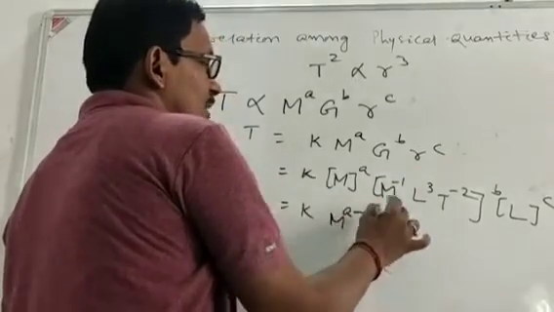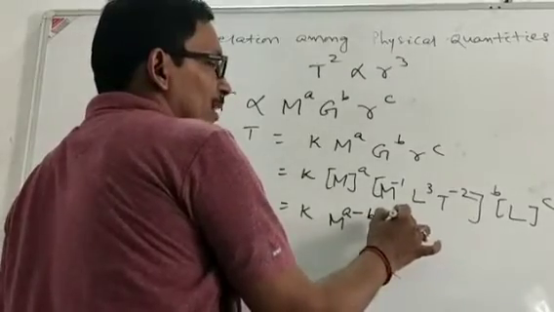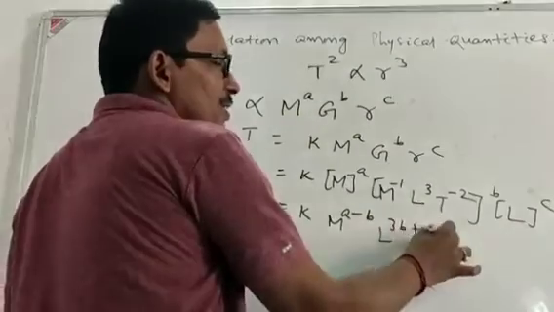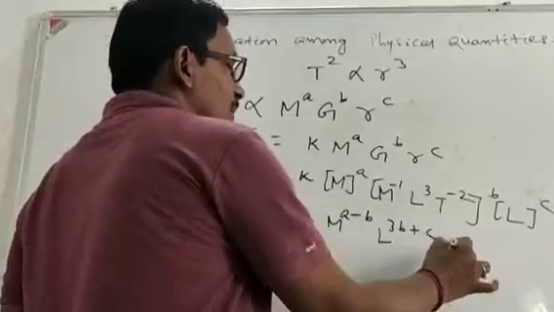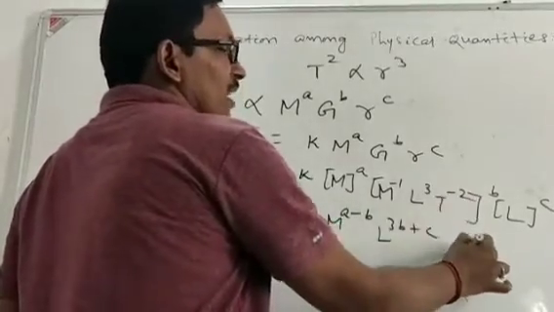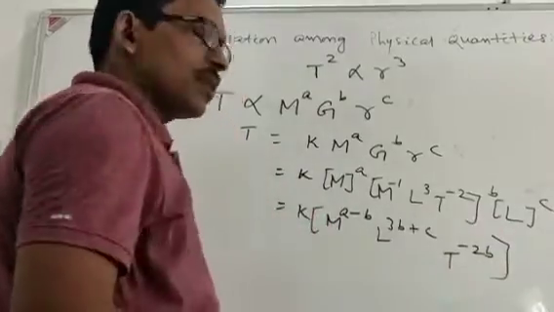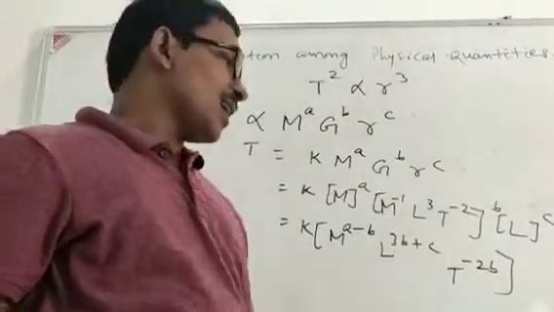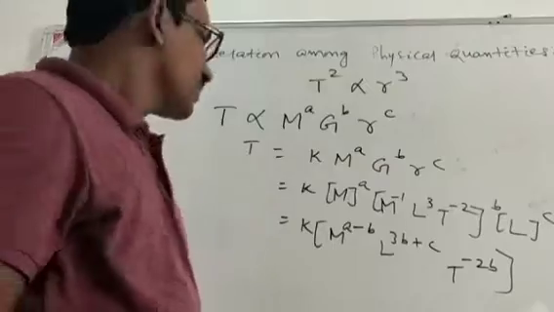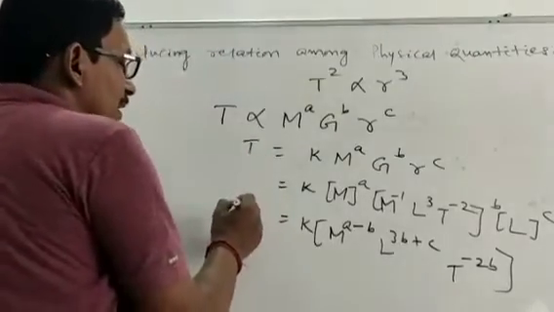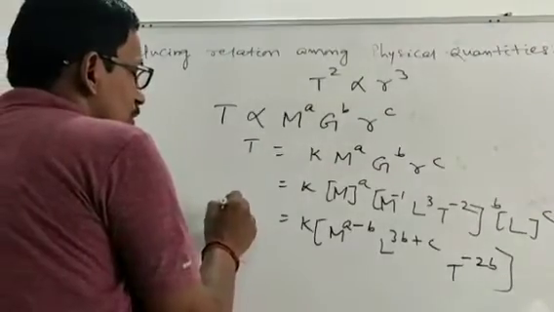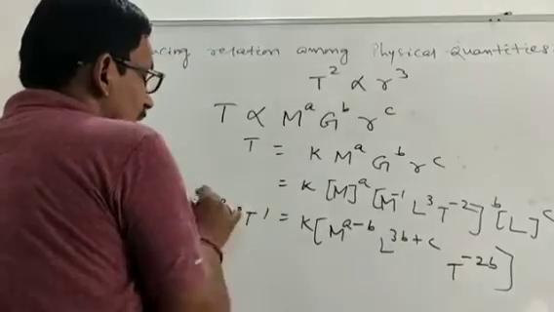And what about L? L to the power 3b plus c. And for T, here only one T is there, T to the power minus 2b. So now we have got the powers of M, L and T. Now in the left hand side it is only time, so M0, L0, T1.